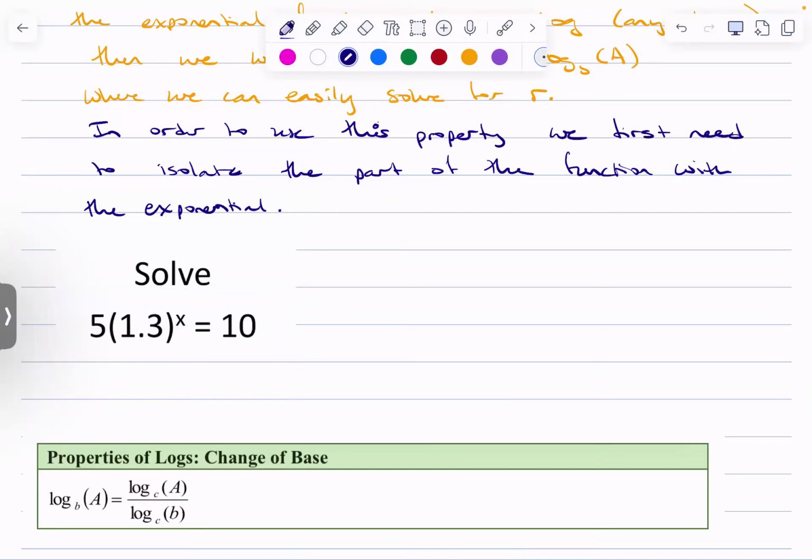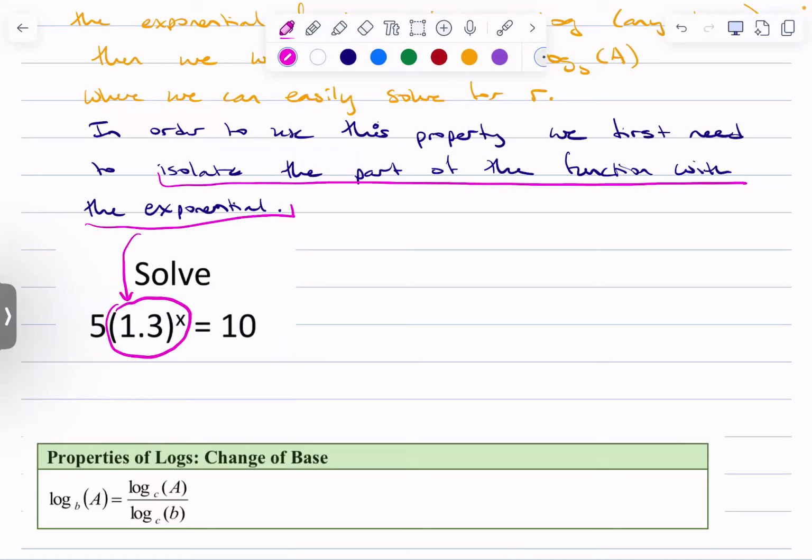For example, what we want to do is isolate the part of the function with the exponential, which in this case is going to be this part here. 1.3 is all that's to the power of x, right? Which means I need to shake off the 5 before I can use the log law.